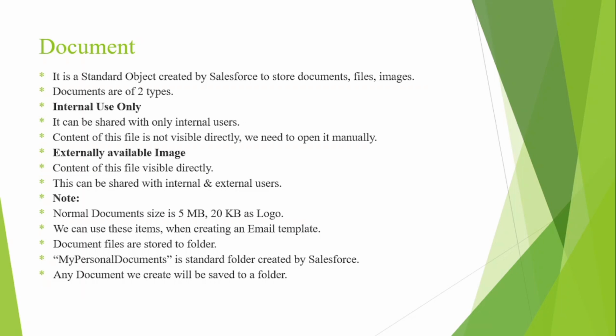We need to open it manually. The second is external. The content of an external file will be visible directly, and this can be shared with internal as well as external users.